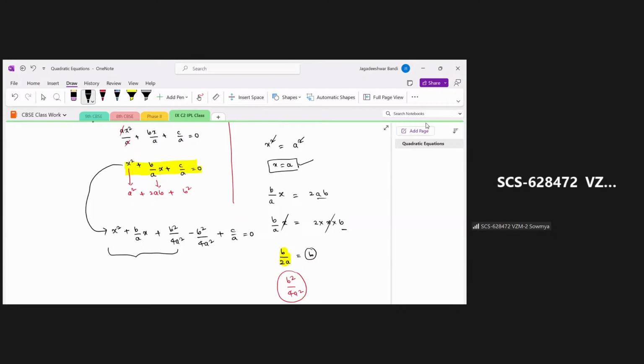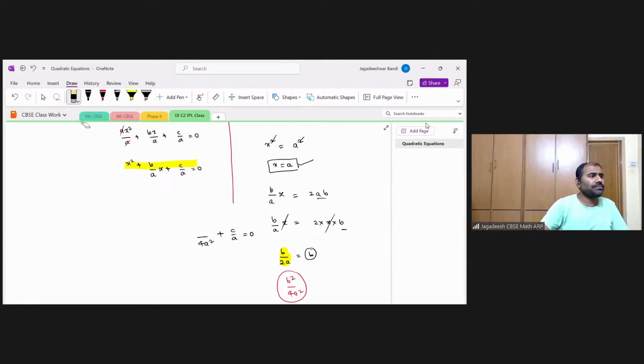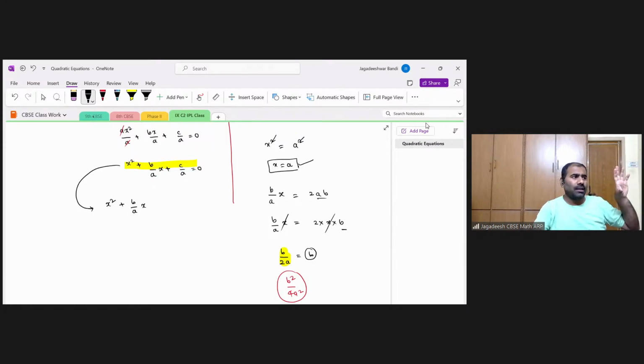Can you explain once again? So now everything I'll erase. Now I will follow the same step. The first term is x square, a square over. Second term is b by a x, which is 2ab.